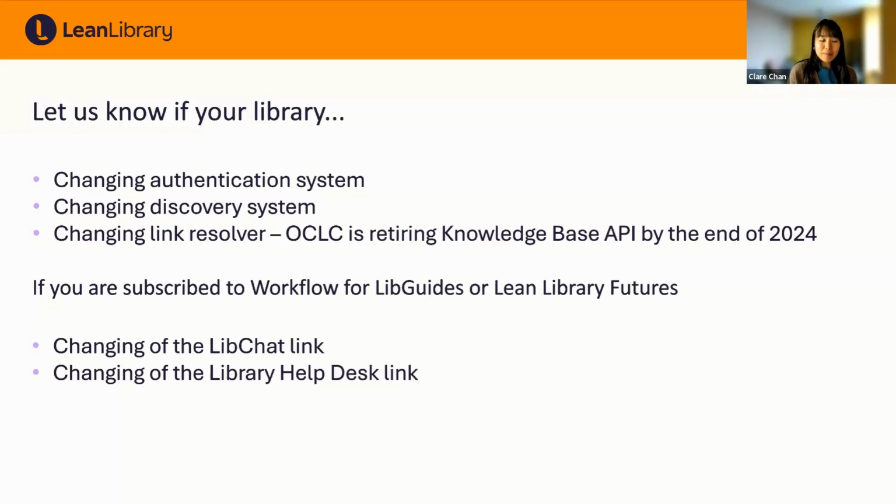A change of discovery system will be more for the Lean Library Futures customer, because we do have some integration with your discovery. However, if you also use highlight and search as a Lean Library Access customer, that will also be impacted by the change of discovery system. So again, just let us know if you have anything changing around there.